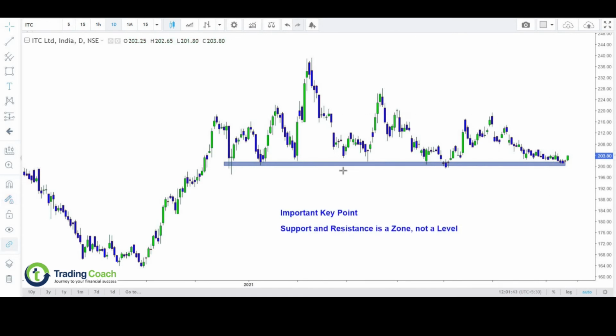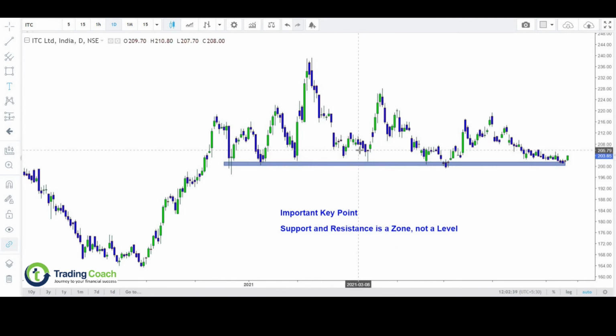Once again, here is an important key point: support and resistance is actually a zone, it's not a level. Whenever you are drawing support and resistance, make sure you are considering it as a zone, not a level. Now we have seen how to draw the horizontal support zone just by using the swing points.